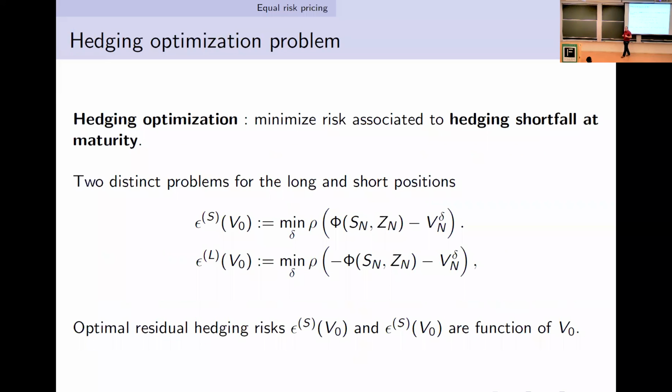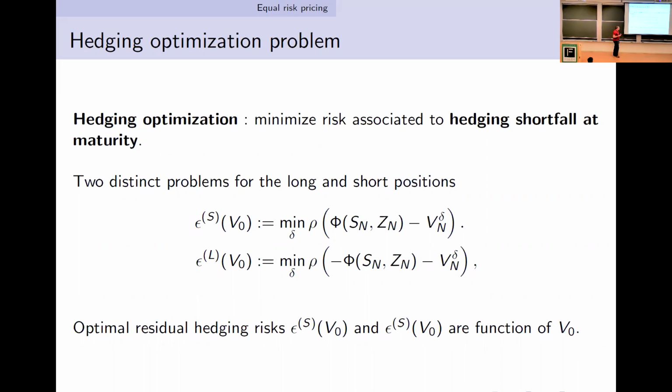And trading strategies are the dynamic allocation to the various assets throughout the duration of the hedge. Minimize across all hedging strategies the risk, where rho stands for a risk measure associated with the hedging shortfall at the maturity for the short position. So the payoff of the derivative, which needs to be paid, minus your terminal portfolio value. So this is for the short position.